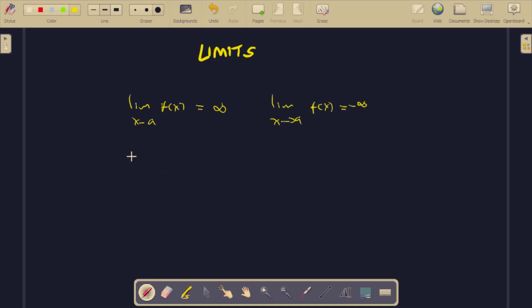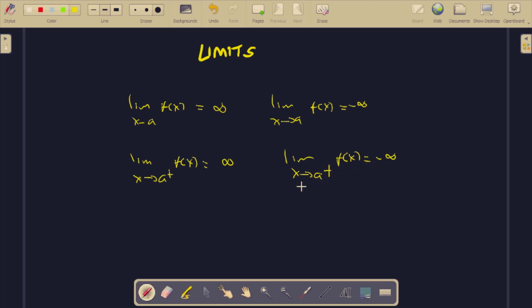So let me just write all the 6 possibilities. So limit as x goes to a plus of a certain function f of x is equal to, let's say, positive infinity, and the limit as x goes to a minus of a certain function f of x is equal to minus infinity.